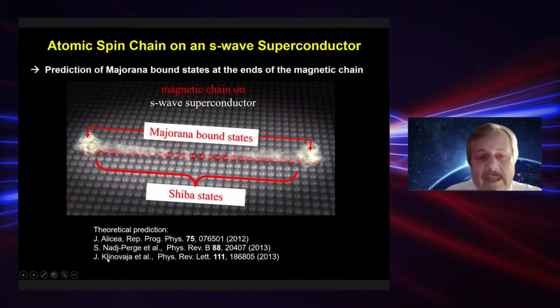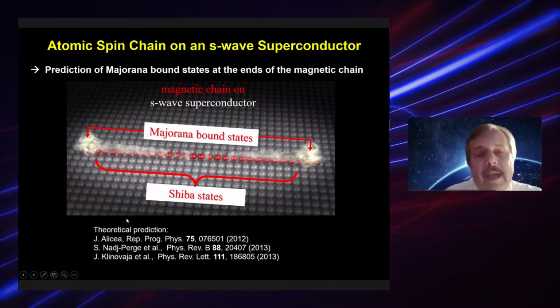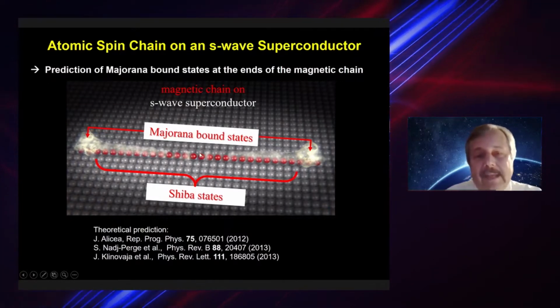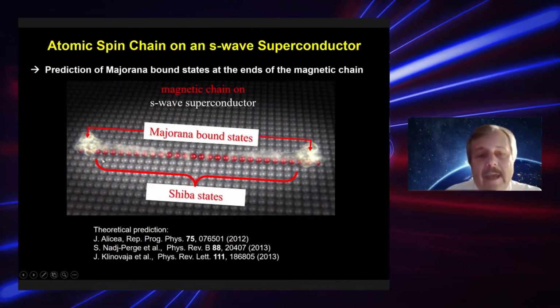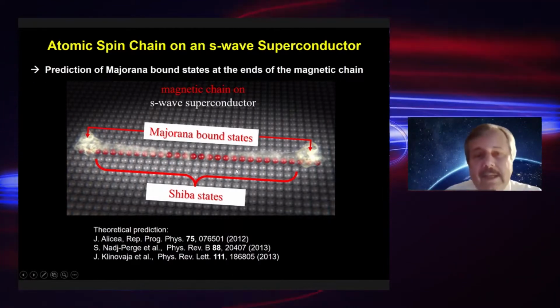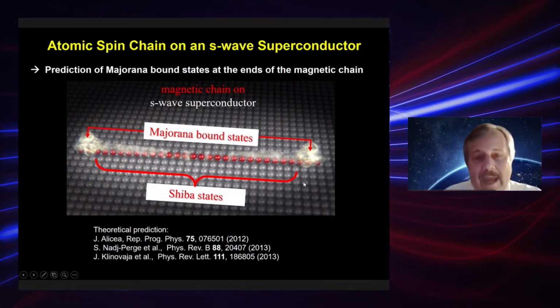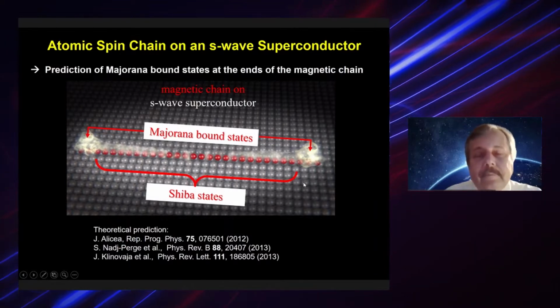This has been theoretically predicted by a number of groups, and this is, of course, extremely exciting because here we can make use of tools like scanning tunneling spectroscopy to access these Majorana states.